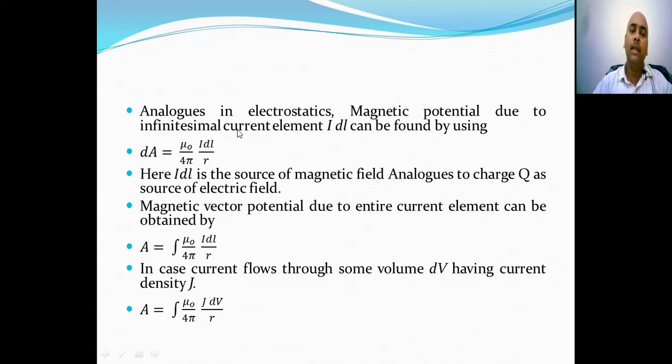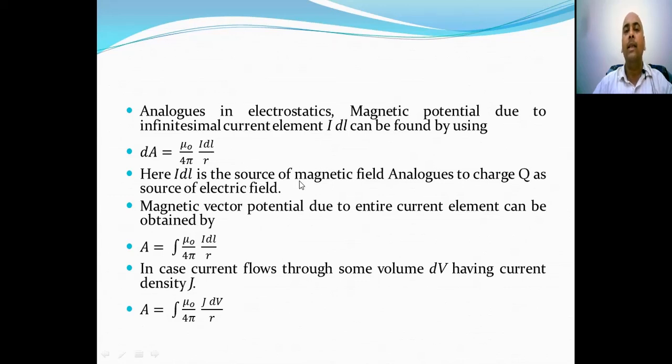In case of electric potential, the expression was 1 upon 4 pi epsilon naught times Q by R. In a similar way, analogous to electrostatics, magnetic potential due to an infinitesimally small current element I dl can be found by using dA is equal to mu naught upon 4 pi times I dl upon R.